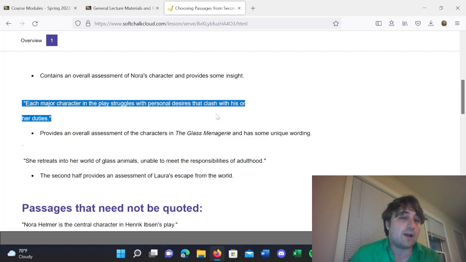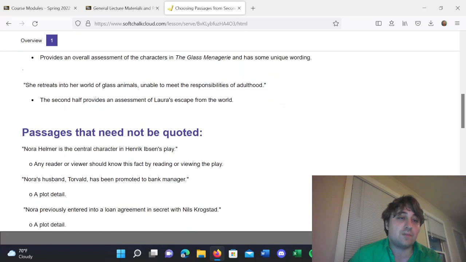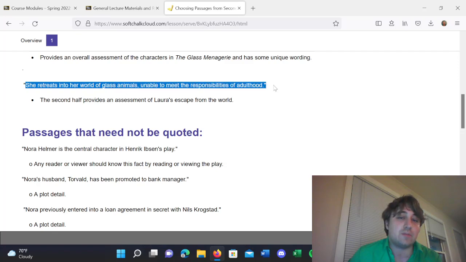So this directly addresses the characters and the theme of the play, desires versus duties. She retreats into her world of glass animals unable to meet the responsibilities of adulthood. Again, this provides the setting and then connects that to the theme, responsibilities of adulthood.